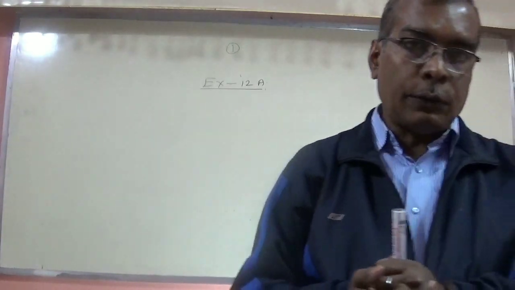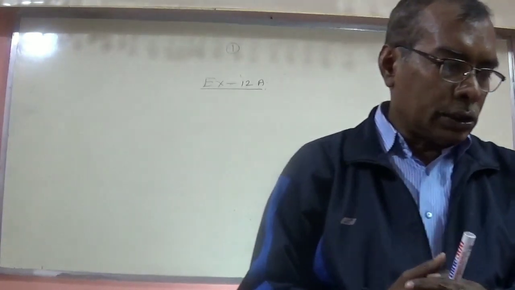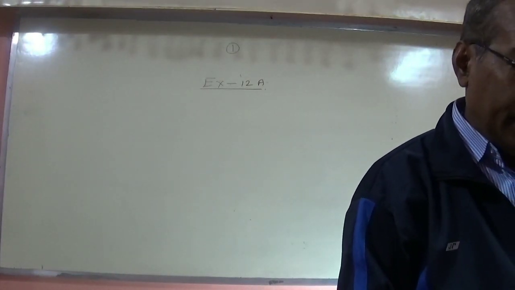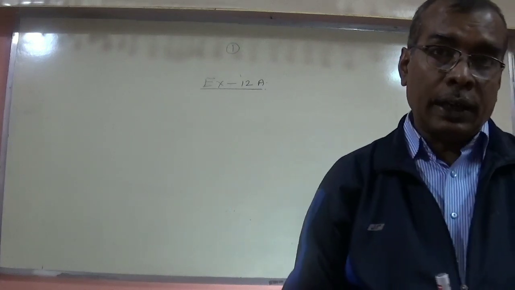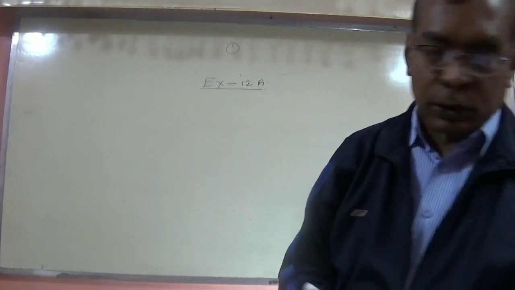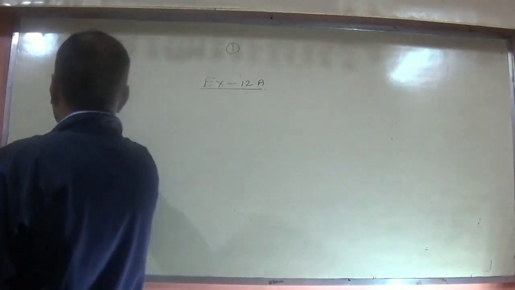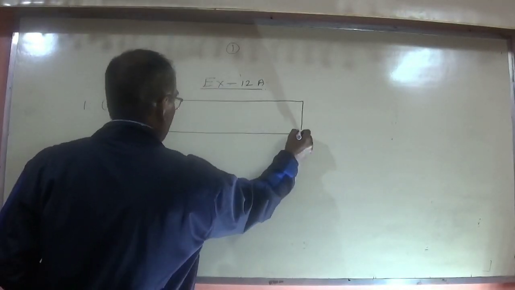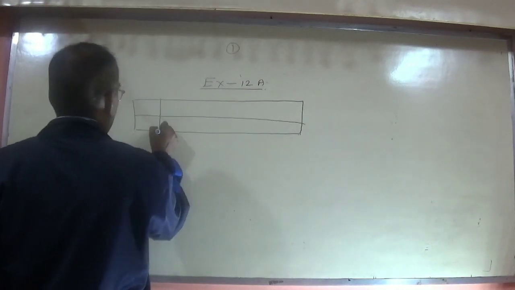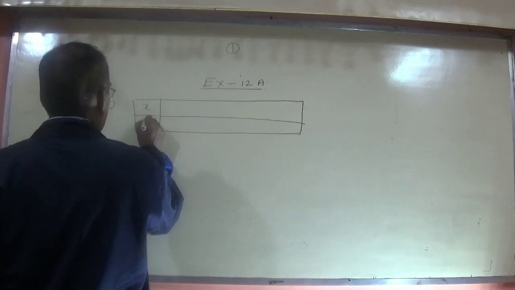And question number 1. Here one question is given: observe the table given below and in each case find whether x and y are in direct proportion or not. Suppose I am going to solve one question here. So make a table. This is x, this is y.